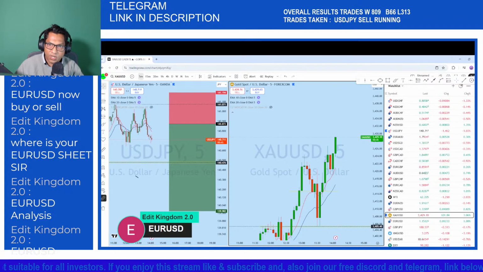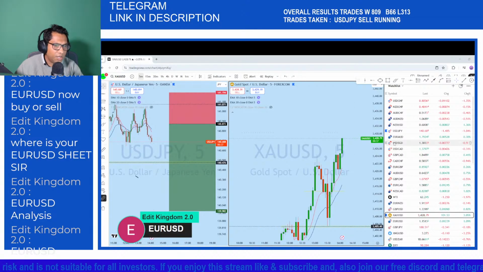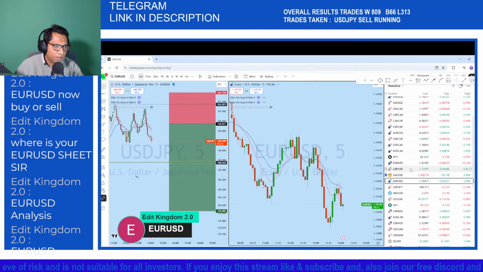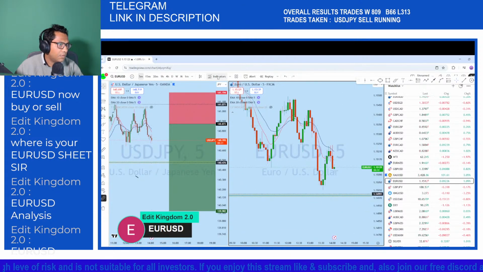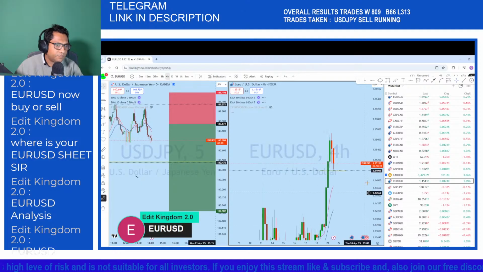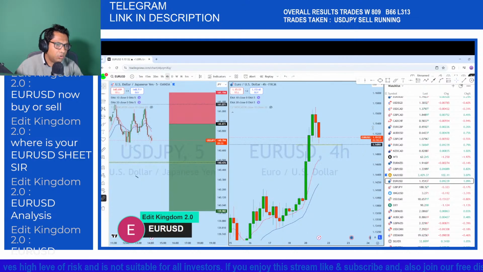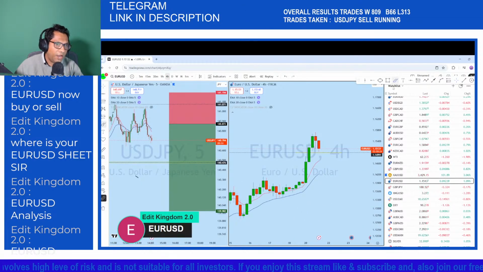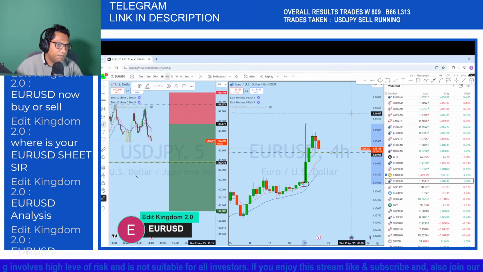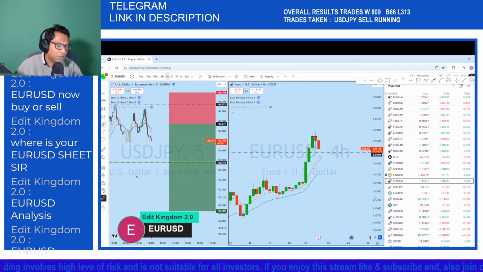So looking at here on euro USD, euro dollar. If we look at, we can see that euro dollar is where this is an impulse on euro dollar.